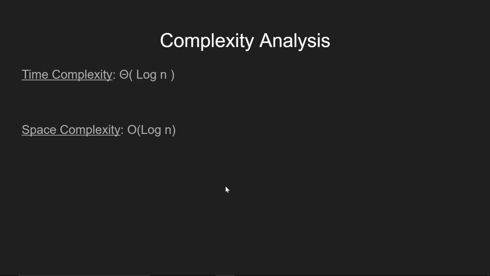So the function takes theta of log n time. Meanwhile, we also need a stack corresponding to the number of bits of the given integer. Thus, this makes our space requirements grow at the order of log n as well.